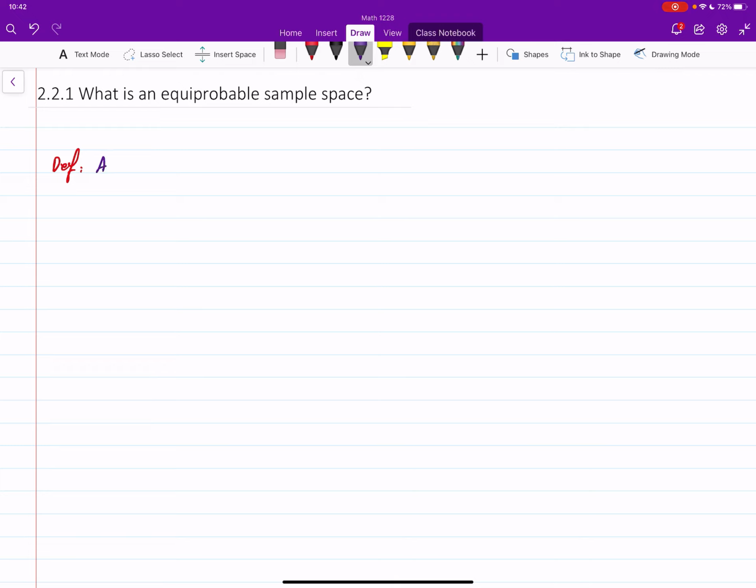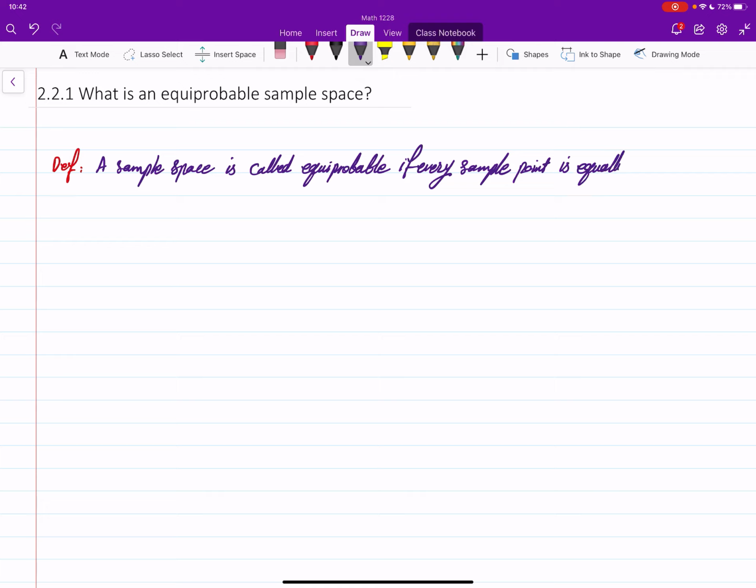A sample space of an experiment is called equiprobable if every sample point, remember sample points are the elements of the sample space, every sample point is equally likely to occur.